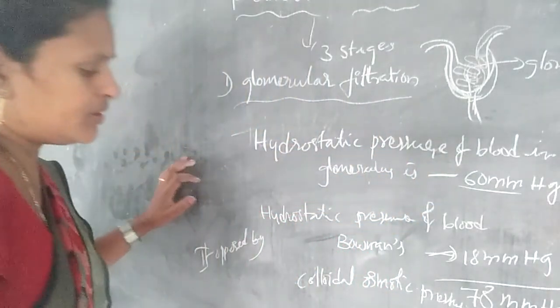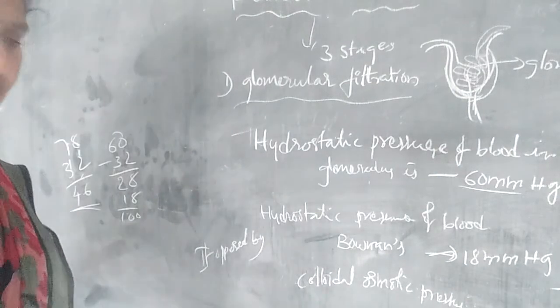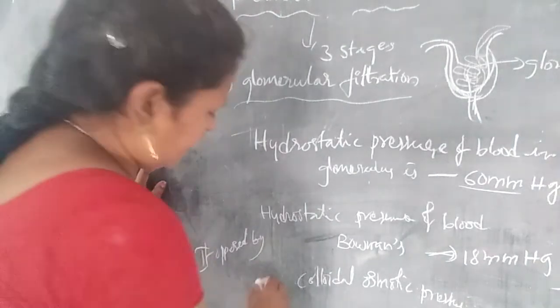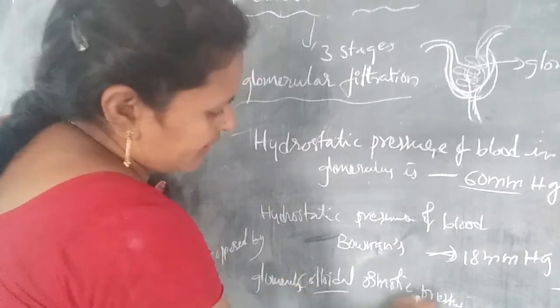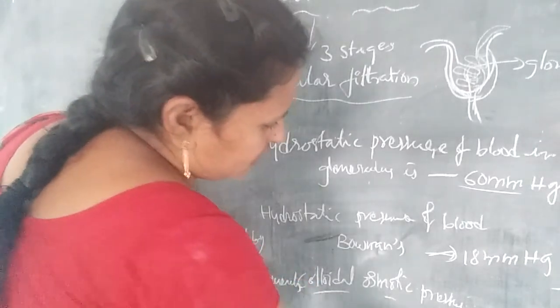The glomerulus colloidal osmotic pressure is minus 32.